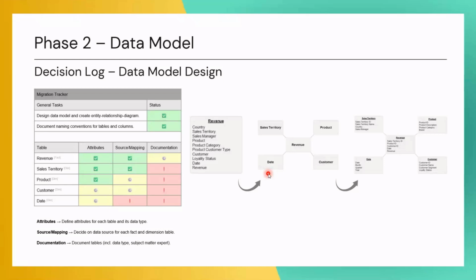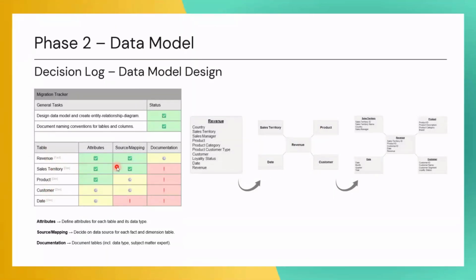You don't need to identify the different fields and attributes yet. Just create this overall structure. Next step would be documenting the naming conventions for tables and columns. So always create some rules on how you want to name tables and columns. Definitely makes sense. After that, now that we have our tables identified, we can expand this tracker by adding the different tables.